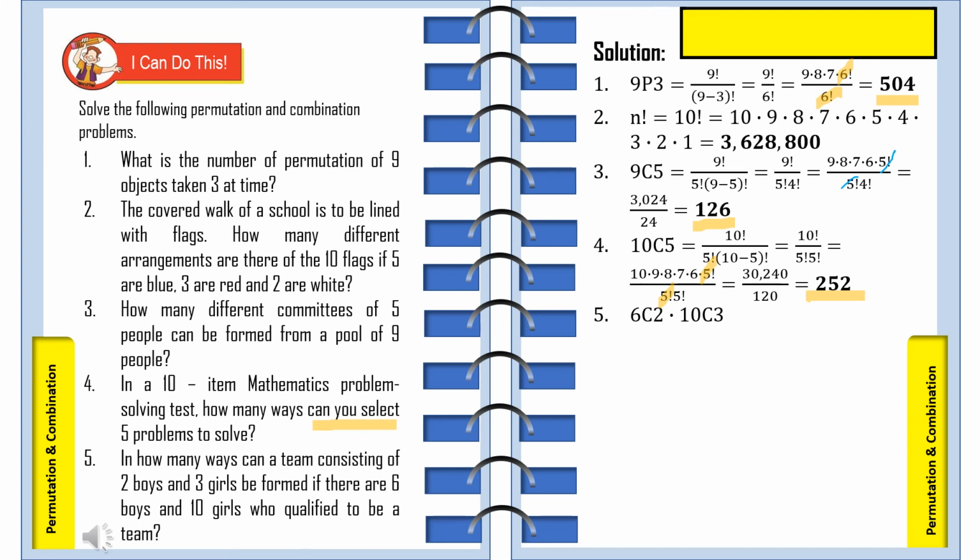So, again, pipili ka ulit ng team, consisting of 2 boys and 3 girls to be formed if there are 6 boys and 10 girls who qualify to be in the team.